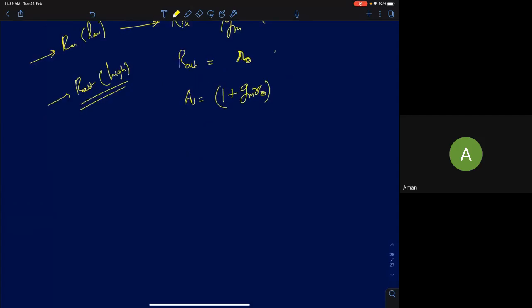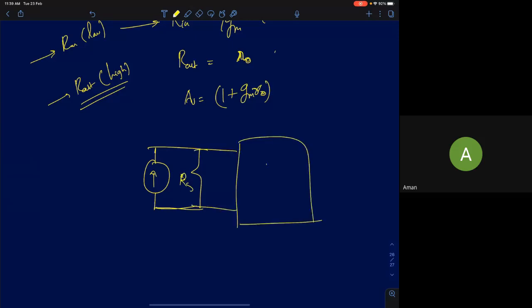See, for a current amplifier, you want input resistance to be very low because you want to draw all the current from the input. So if I feed a current with a source resistance into a current amplifier, you want all the current to go into the current amplifier, which means your Rin should be very small compared to Rs.